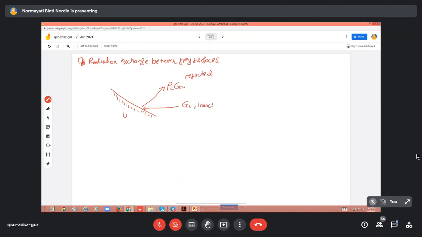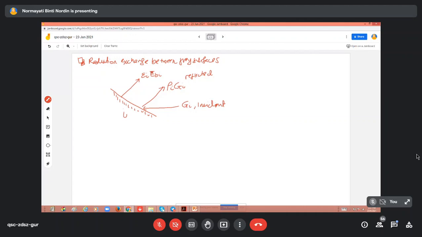Okay, and at the same time this surface will as well emit the radiation. Okay, and we know that it is not perfect emitter, so this emitted portion is equal to emissivity times the black body emissive power.